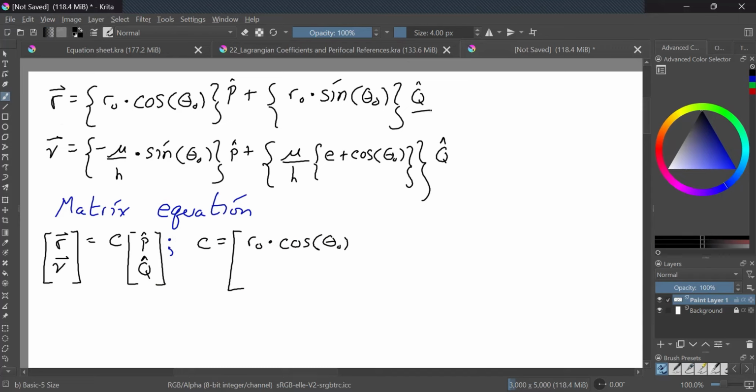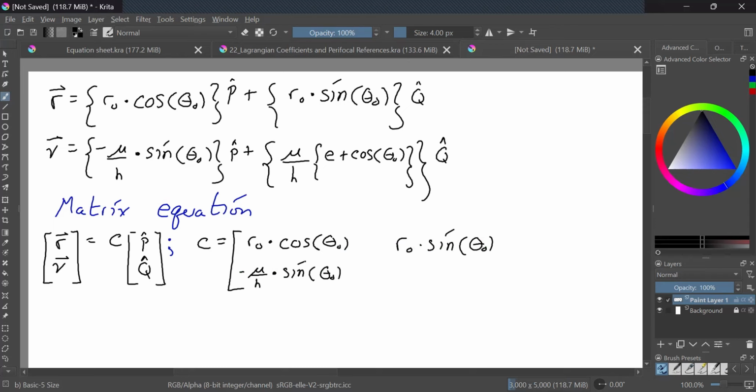The Q element for our R is going to be R naught times the sine of theta naught. The P element for our V is going to be minus mu by h times the sine of theta naught.